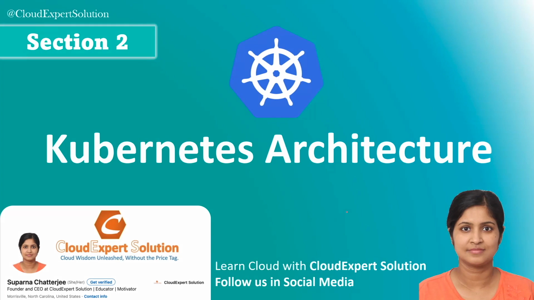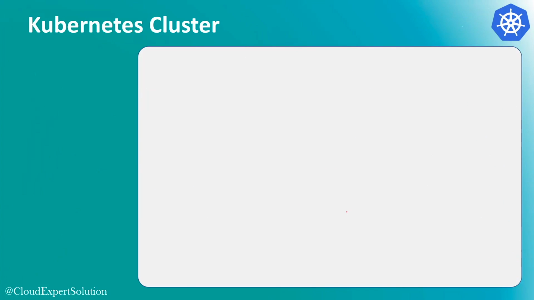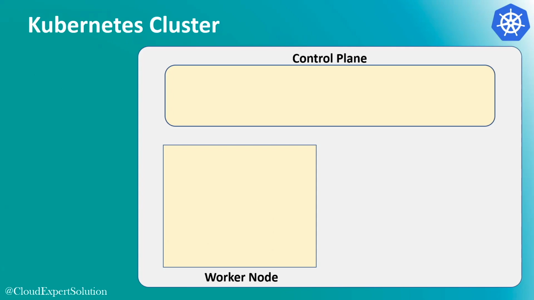Now let's review Kubernetes architecture. A Kubernetes cluster consists of a set of worker machines called nodes that run containerized applications. Every cluster has at least one worker node. Then there is a control plane that manages the worker nodes and the pods in the cluster.